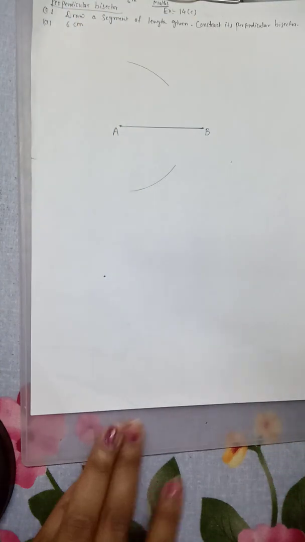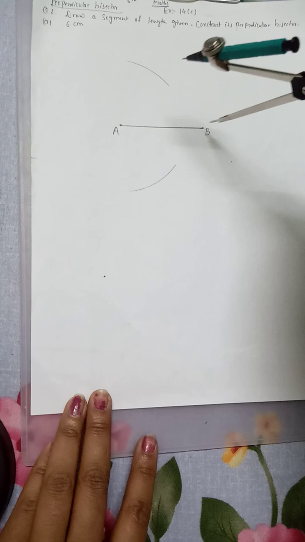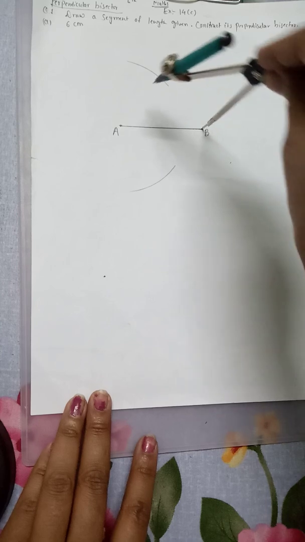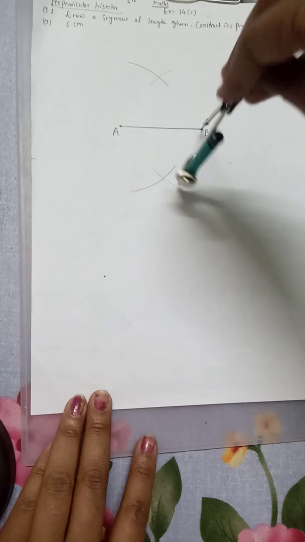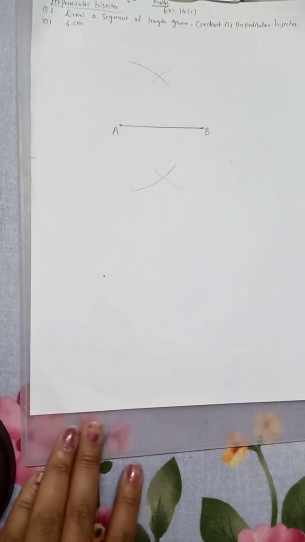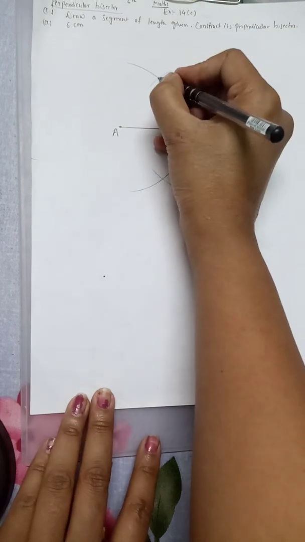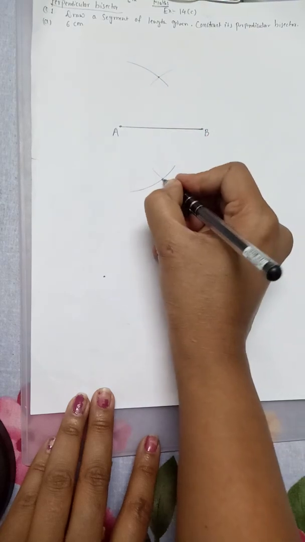Then with the same radius, don't change it, with B as the center, intersect the previous arc. Now here you will get two intersecting points, this one and this one.